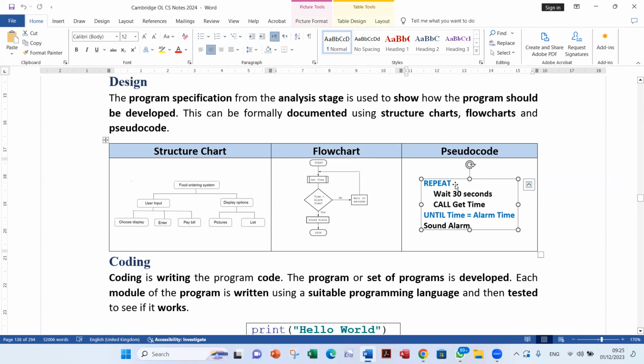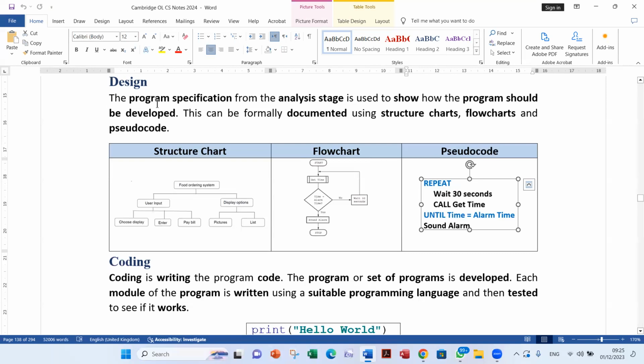It is like expressing the steps for your program in a very simple way. These three are in the design stage. And actually, all you need to do in programming in O-level computer science will be flowcharts and pseudocode, primarily pseudocode. So you will live all your syllabus doing pseudocode.